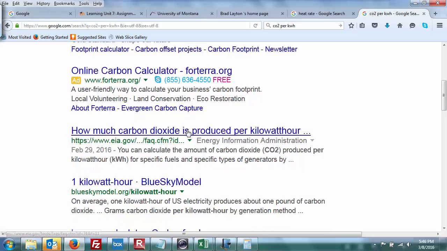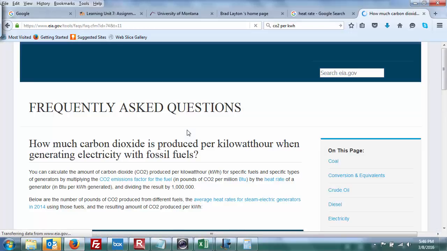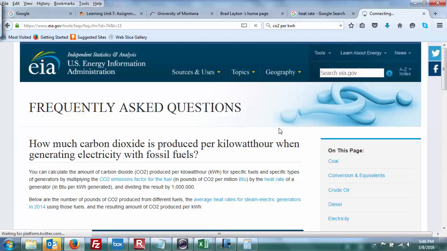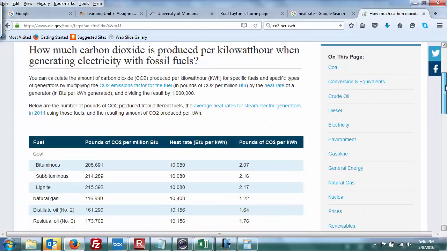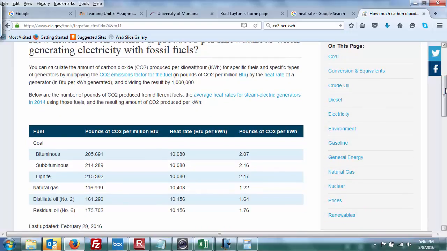Let's just go out here. EIA, they're pretty good. Different fuels, average. Okay, cool. Okay, this makes more sense. This is about right. 2 pounds of CO2 per kilowatt hour, because you're going to burn that pound of coal to make the kilowatt.